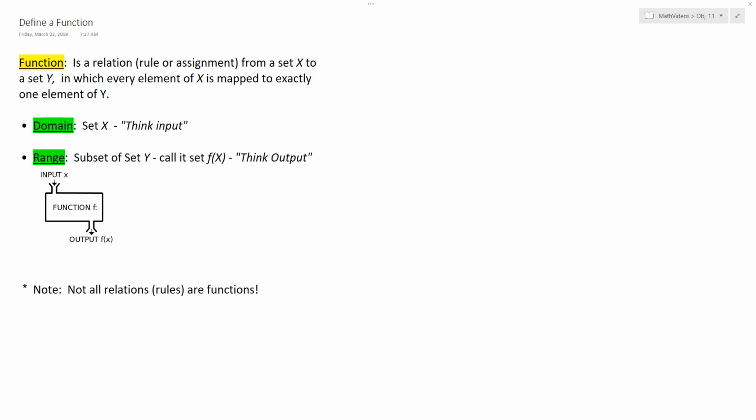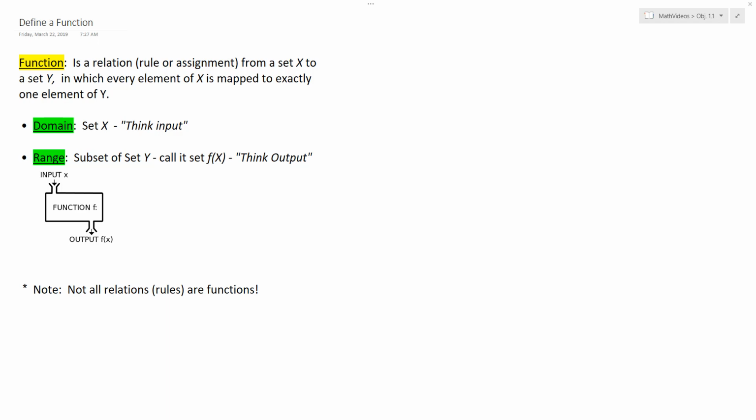When we talk about the set X, think of the set X as your domain or your input values. And then when we talk about the set Y, particularly a subset of the set Y, we would call that our range. And it would look like f of x. And think of these as your outputs.